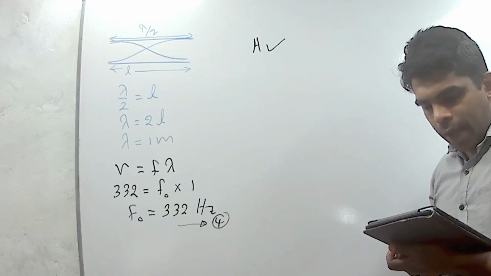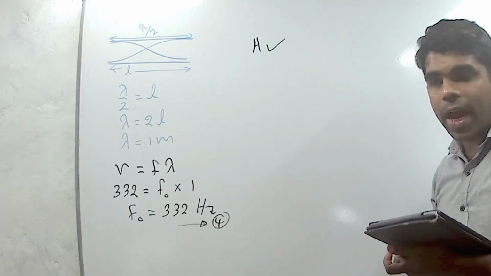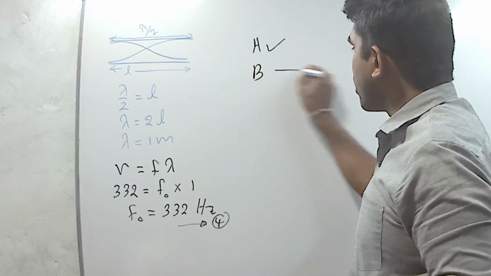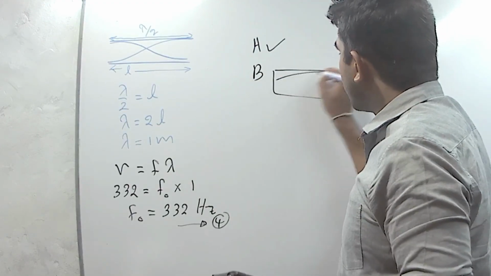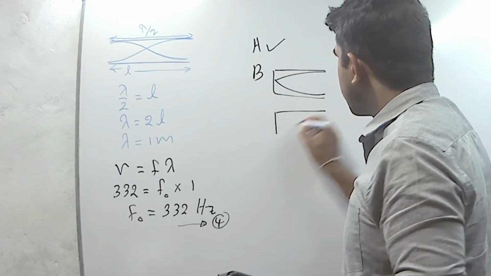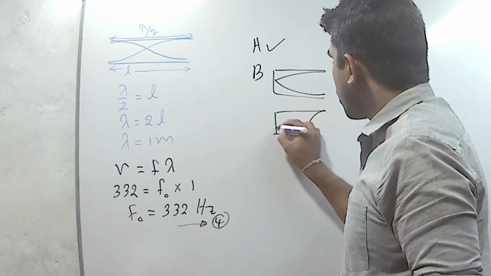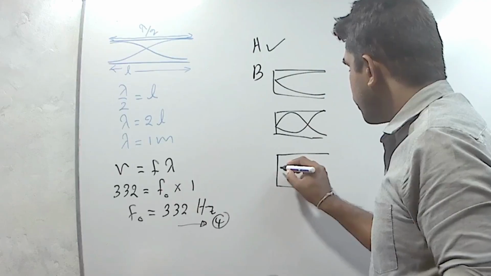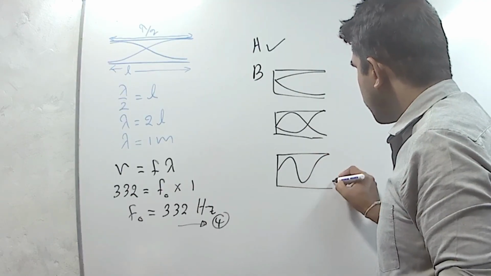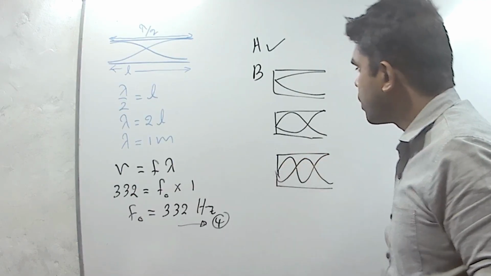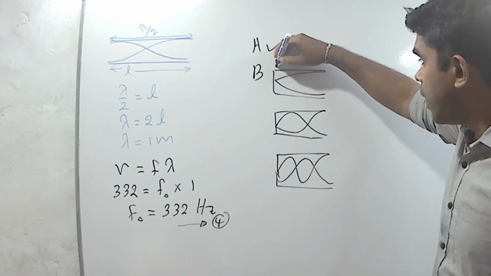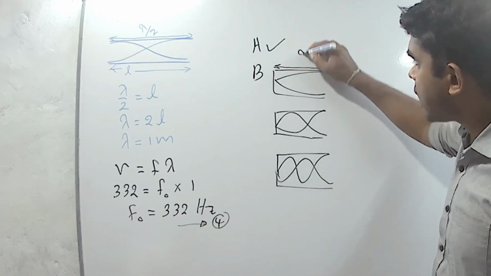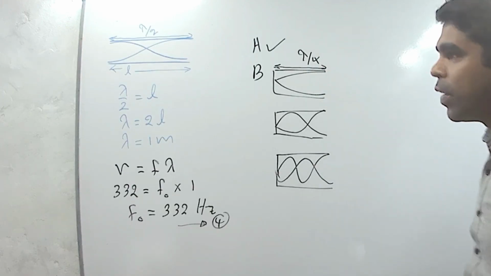Then B, an organ pipe closed at one end. For a closed tube, we can observe the fundamental, first overtone, second overtone, like this. This is the fundamental frequency. We can get it as lambda over 4, 1/4 of wavelength.